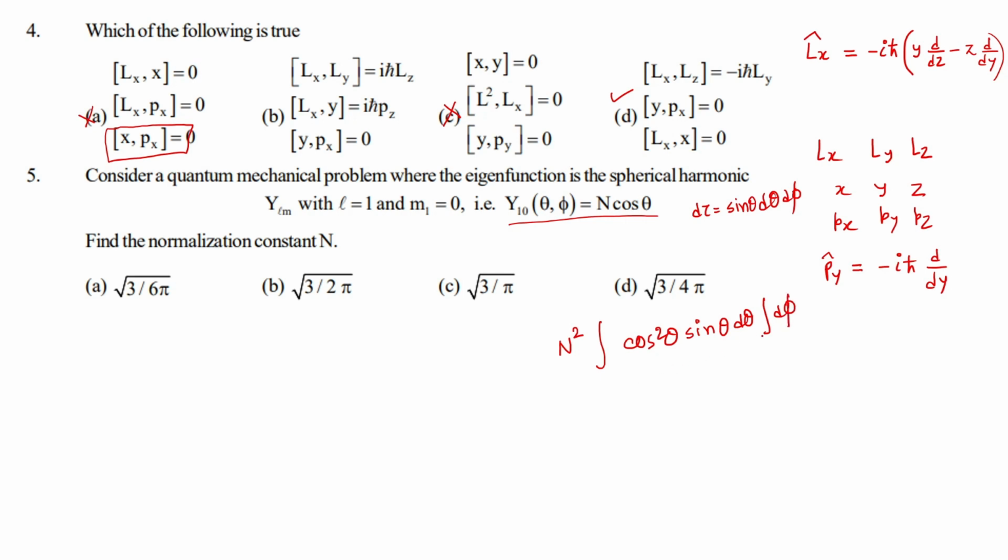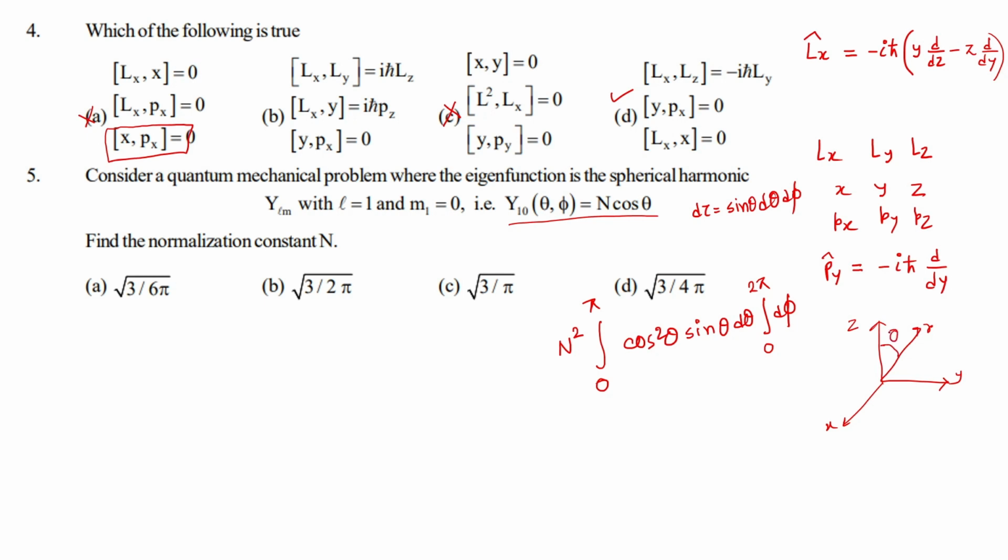What are the limits for theta and phi? Both will start from 0. What is the limit for theta? You remember for polar coordinates? 0 to pi. And for d phi it was 2 pi. This is x, this is y, this is z, and this was your r vector.